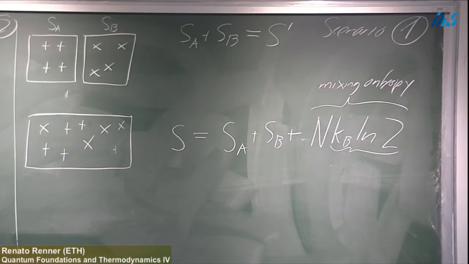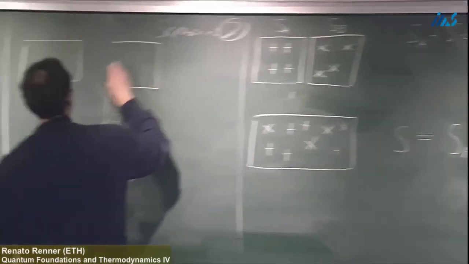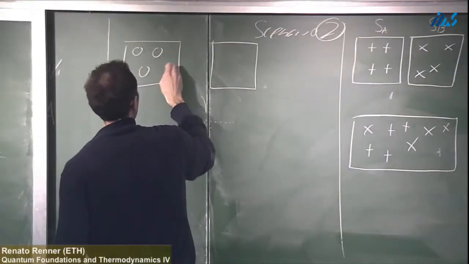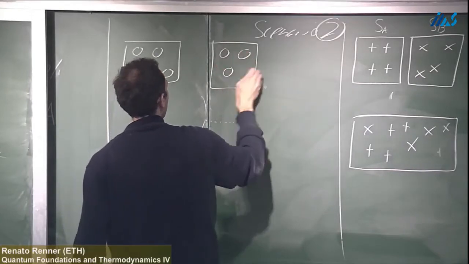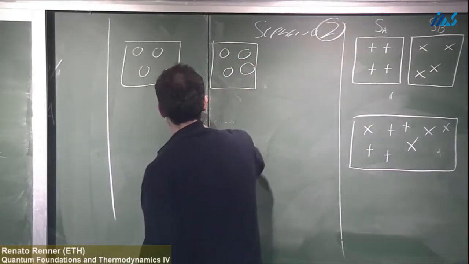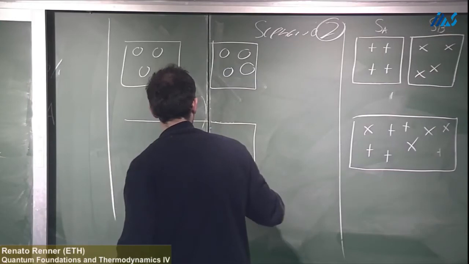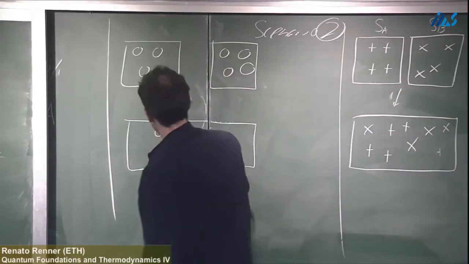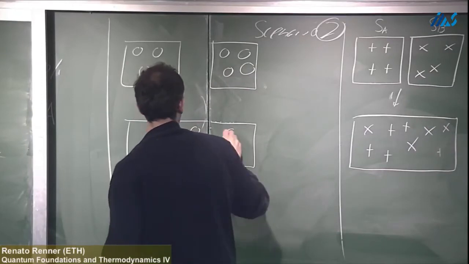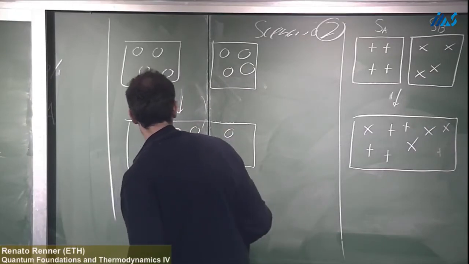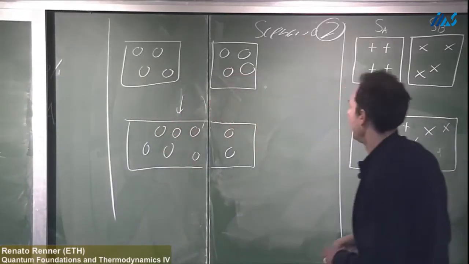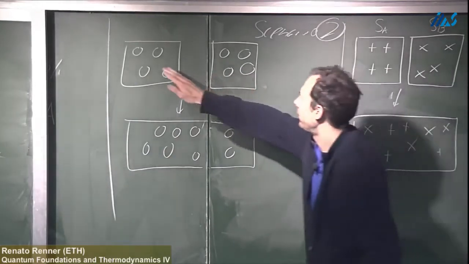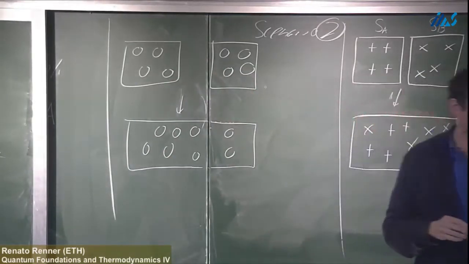And let's look at, again, 2 cylinders of a gas. But now we go from here to here in the process, let's say. So we do the same process, but the difference, as you can see from the drawing, is that now these should be indistinguishable particles.